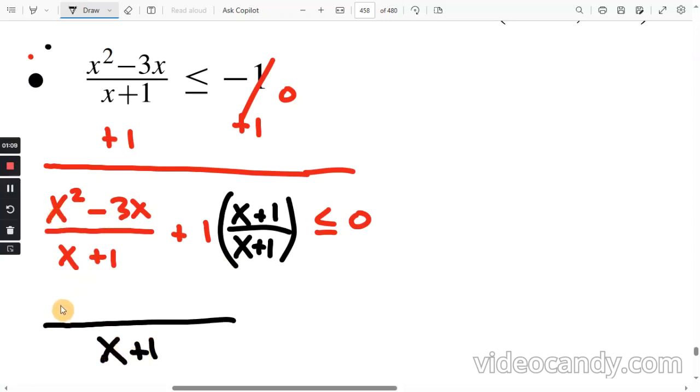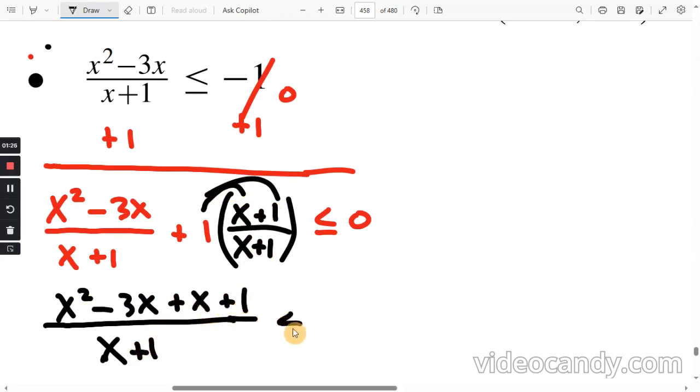And we have x squared minus 3x. And distributing this 1 changes nothing. It's still going to be x plus 1. So that is also over the common denominator of x plus 1. And that's still less than or equal to 0.